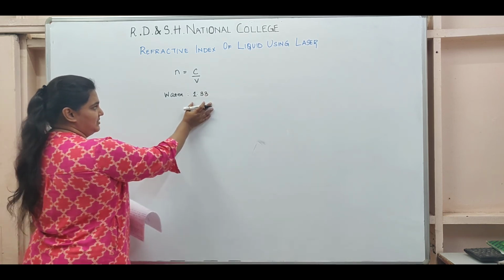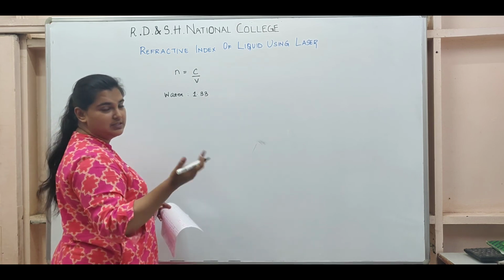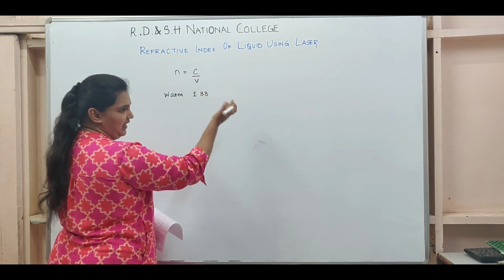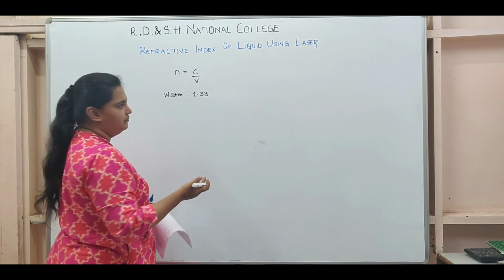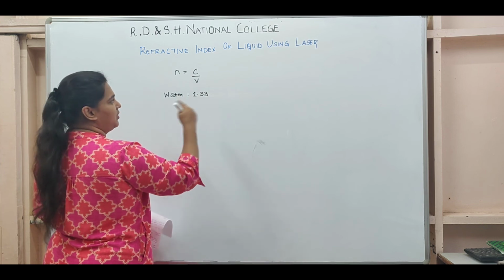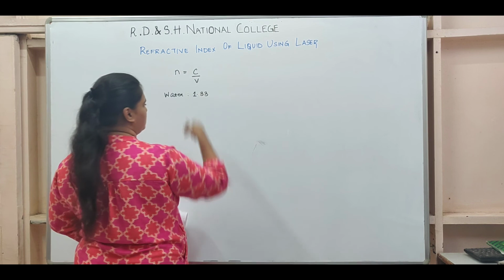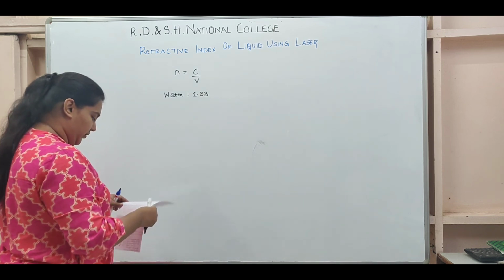So this tells us that light travels 1.33 times faster in vacuum as compared to in water, because c upon v is 1.33.